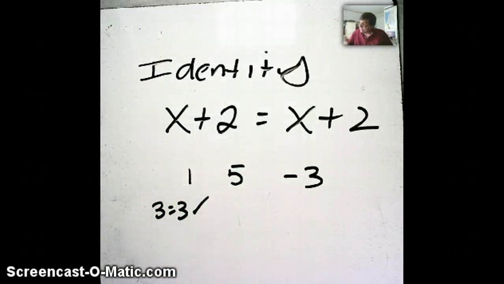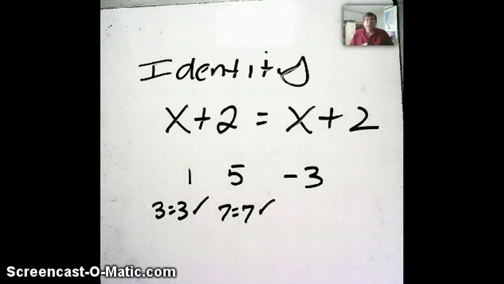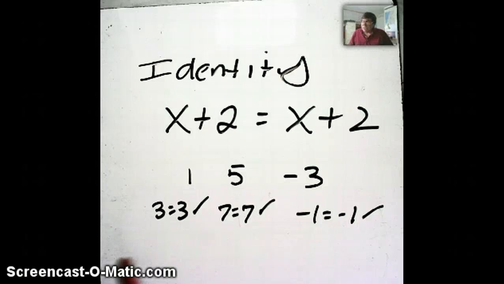That's true. If I plugged in 5, I would have 7 is equal to 7. That's true. And if I plugged in negative 3, I'd have negative 1 is equal to negative 1. You know, it's true for every value I put into that linear equation. It's true all of the time. As a matter of fact, the solutions would be all real numbers.